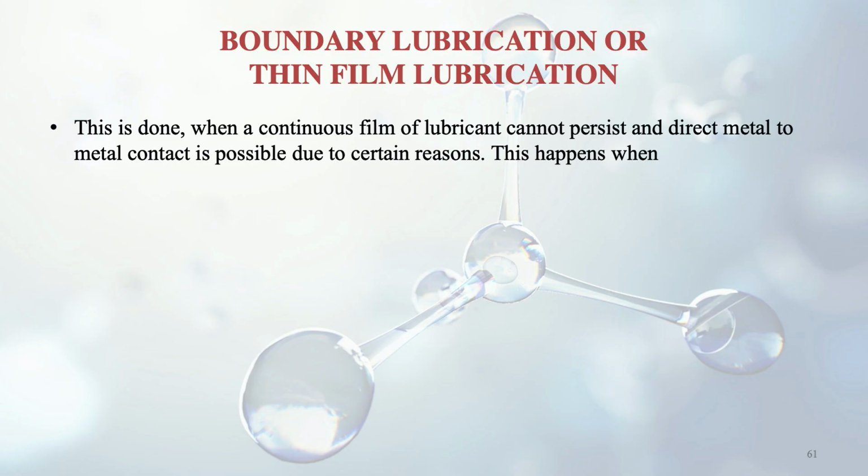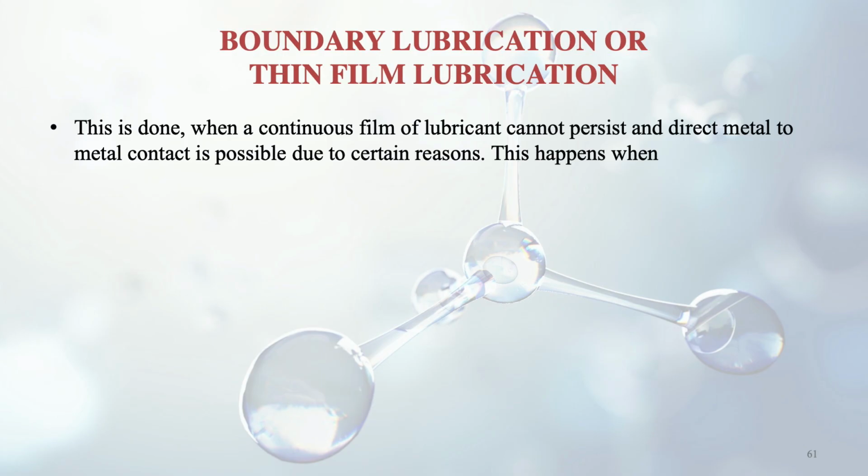Then comes the second type of lubrication, that is the boundary lubrication or the thin film lubrication. So here, when a continuous film of lubricant cannot persist and direct metal to metal contact is possible, then we have to use this.